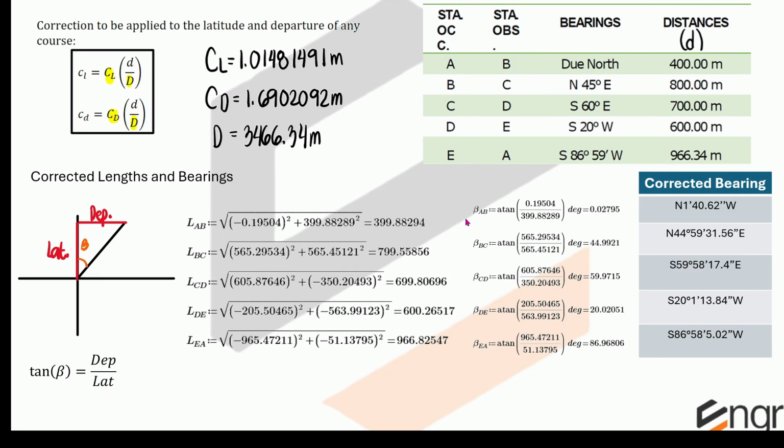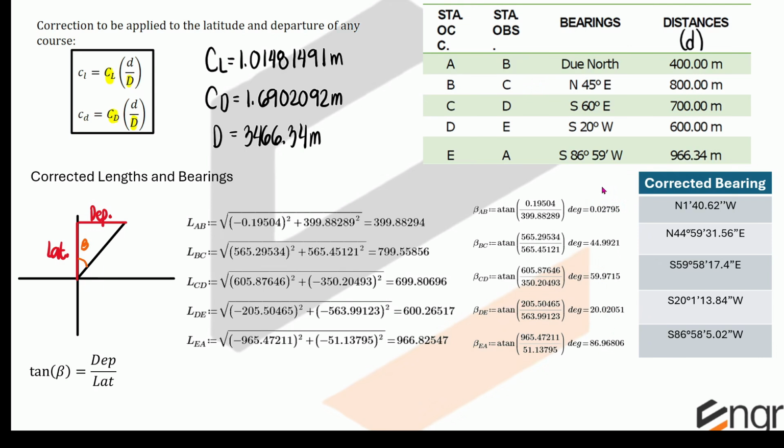And so our bearing would be the arctangent of this expression, and we will use the corrected departure and the corrected latitudes. So we can solve the new bearings. This will be 0.02795. The bearing of BC will now be 44.9921 from 45 degrees. The bearing of CD would be 59.97 from 60. So these are already adjusted.